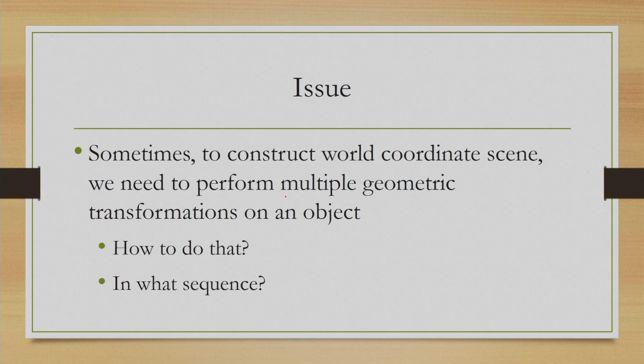Now, the question is how to combine and in which sequence. When we are performing multiple geometric transformations to construct a world coordinate scene, we need to address how we perform these multiple transformations together and what should be the sequence of transformations to be followed.